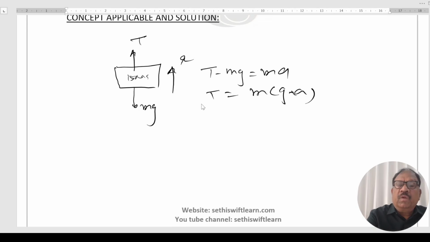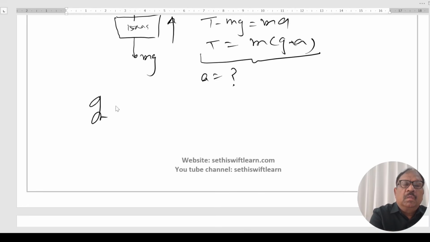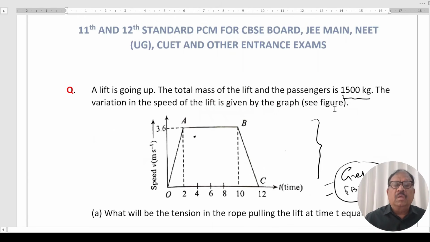Now we can find out T in the three different cases if we know the acceleration. To know the acceleration, in graphical questions, this is the y-axis, this is the x-axis.